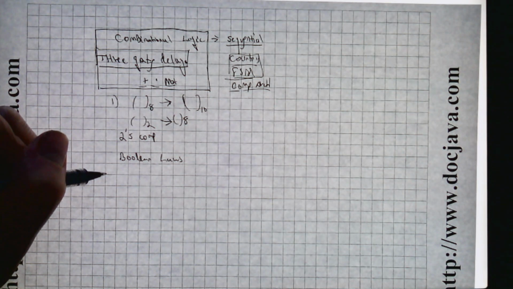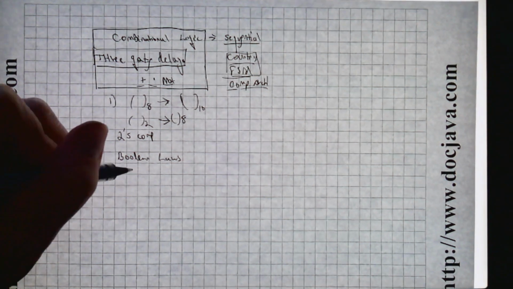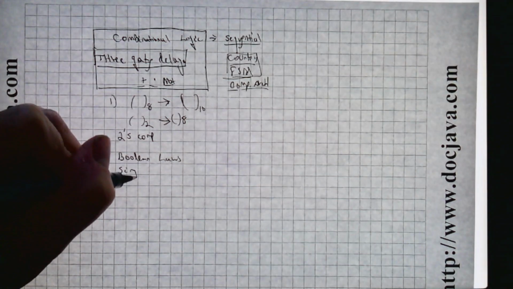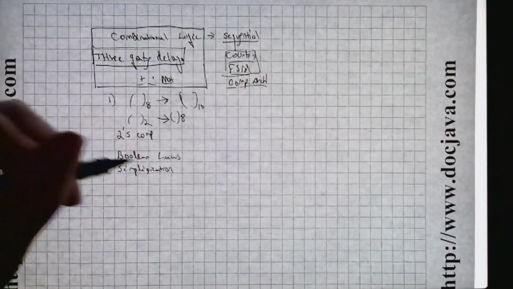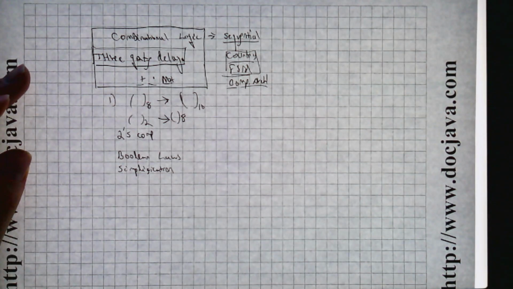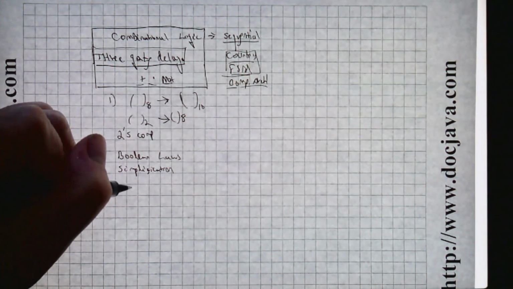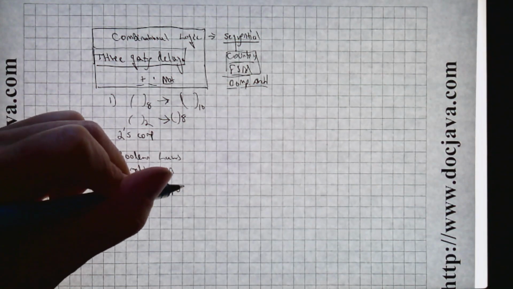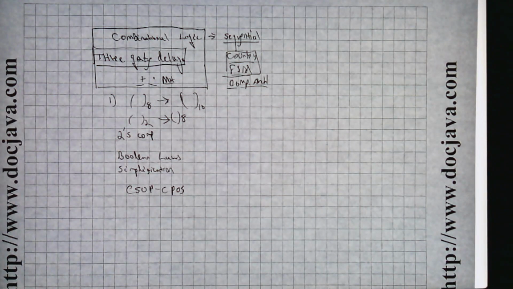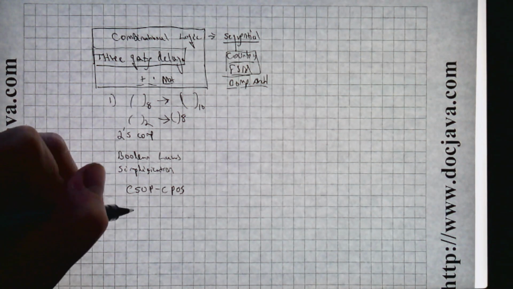Let's see if there's anything else in here. Simplification. Oh, canonical sum of products, canonical product of sums. Oh, K-maps, of course.